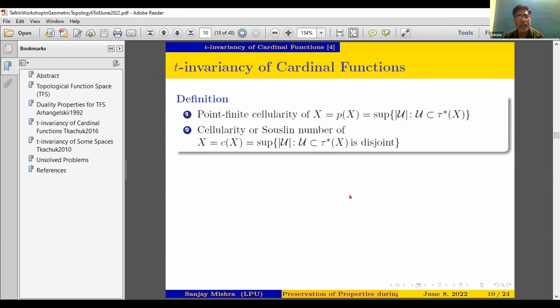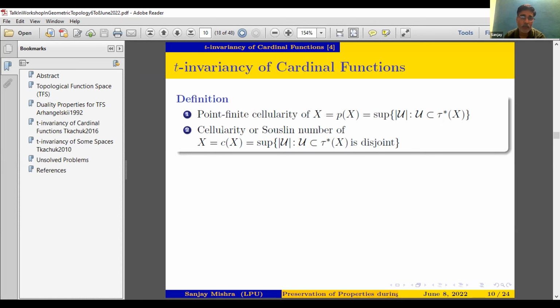Next is the point finite cellularity. This is another cardinal function. The point finite cellularity of X, denoted pc(X), is the supremum of the cardinality of U, where U is a point finite family of elements of tau star X. Tau star X means the topology on X, not considering the empty set, so it is a deleted topology where the empty set is not included.